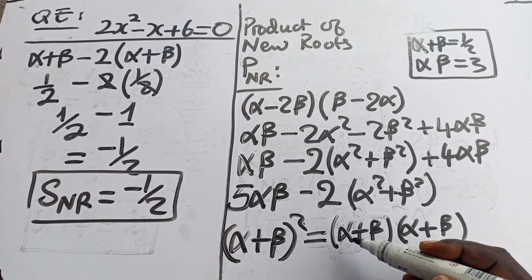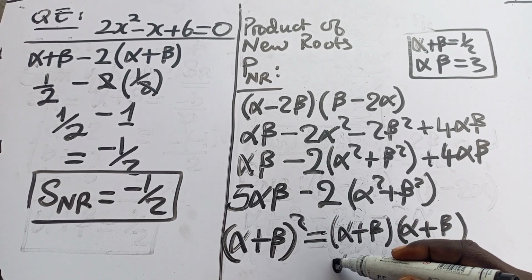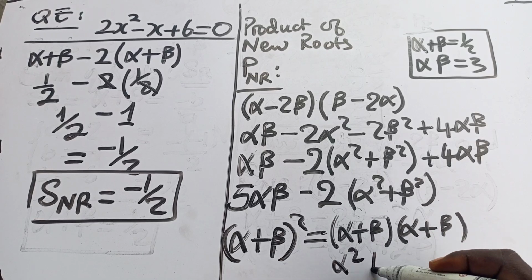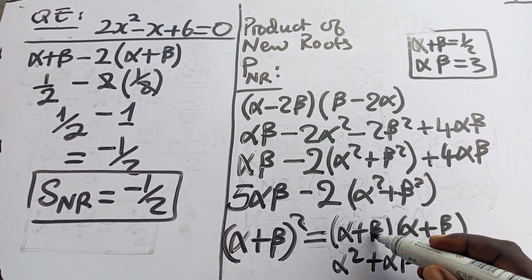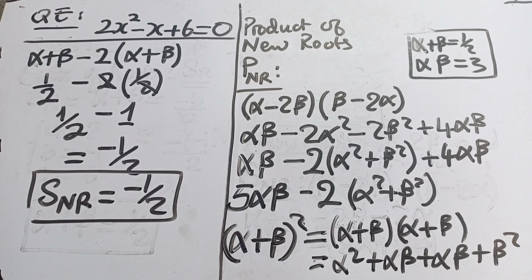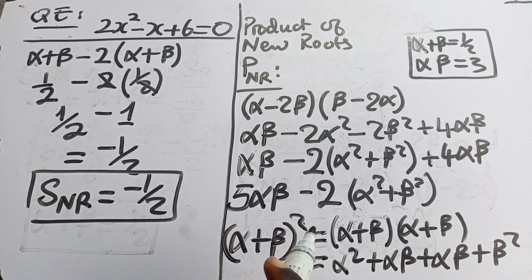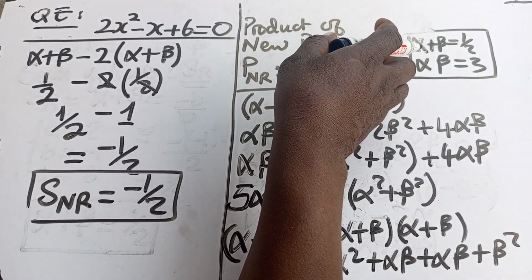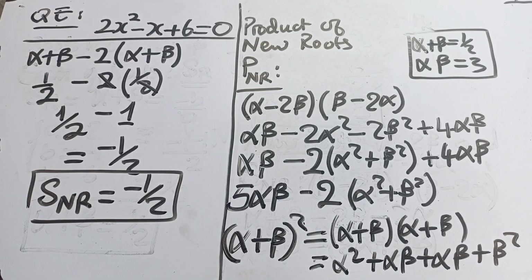All right, when we open up this parenthesis, alpha multiplied to alpha is alpha squared. Alpha multiplied to beta is alpha beta. Beta multiplied to alpha is the same alpha beta. Beta multiplied to beta is beta squared. Okay, so again, pay attention. We want to have everything in terms of alpha plus beta and alpha beta.